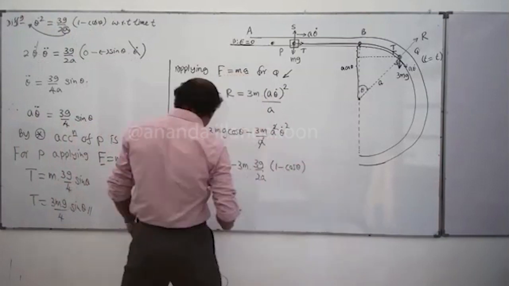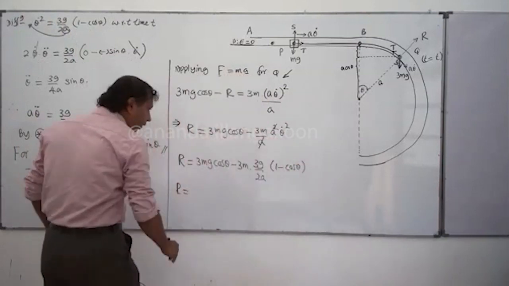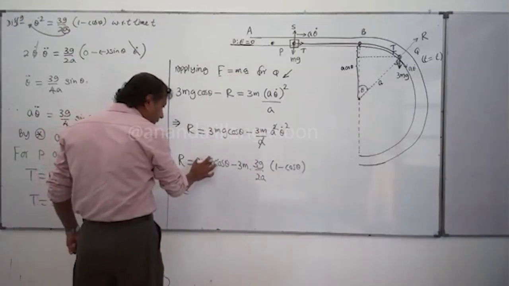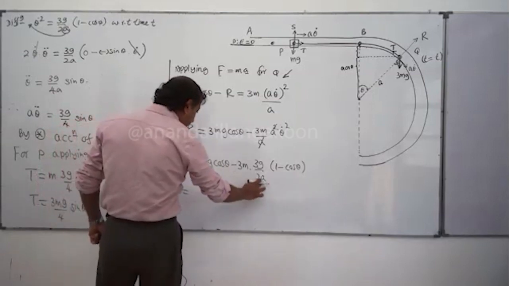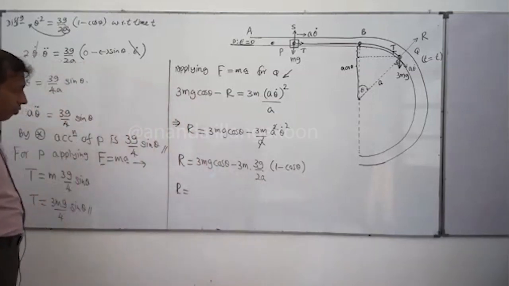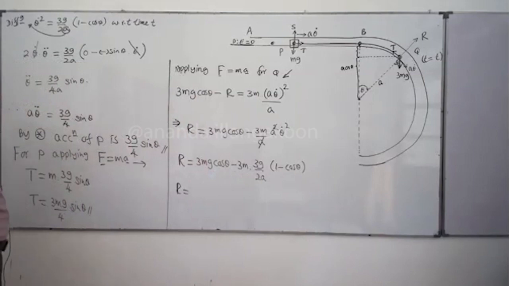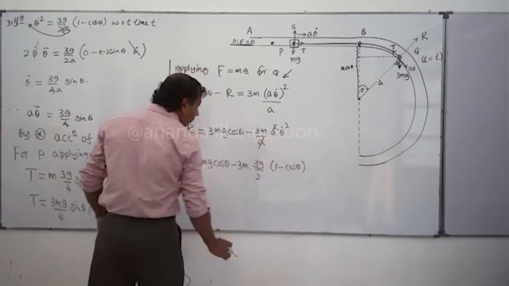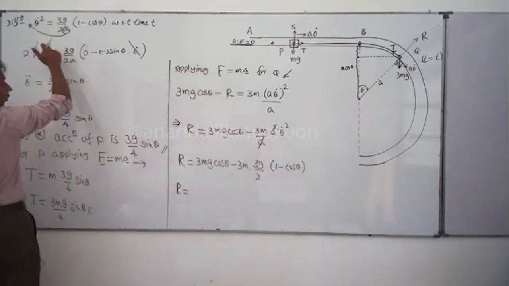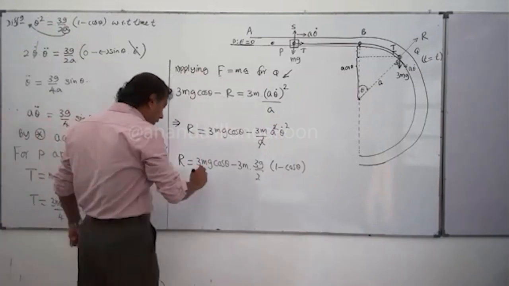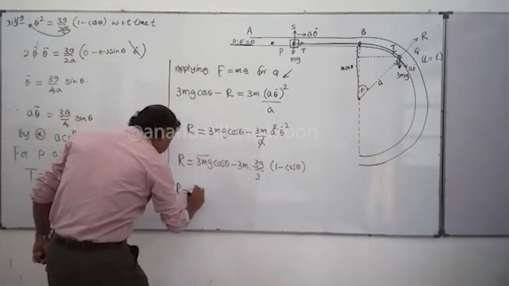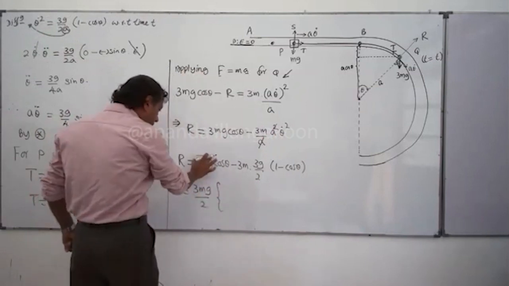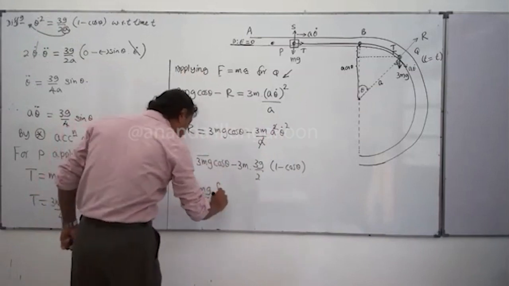By simplifying, you get R. R can then be found, people. Here we can take 3mg by 2 out. Inside the bracket we have 2 cos theta, since we don't have 2 here, we have to multiply by 2.